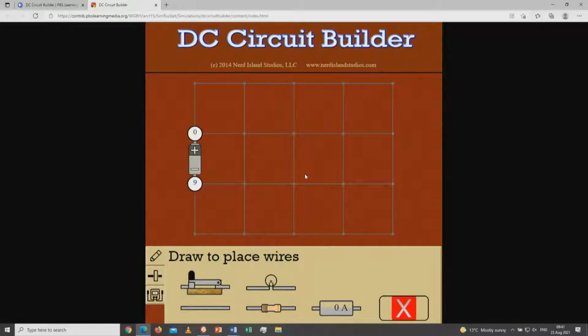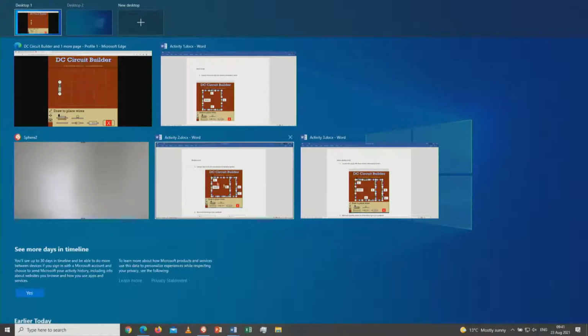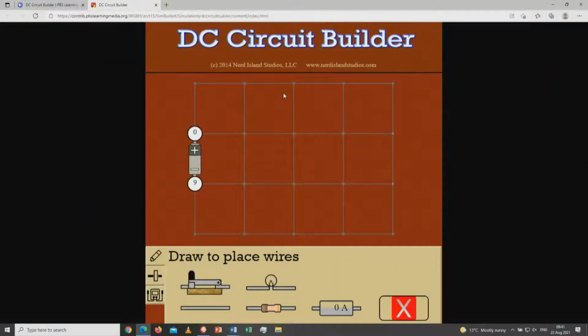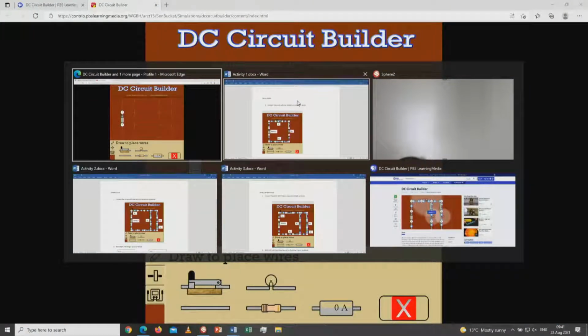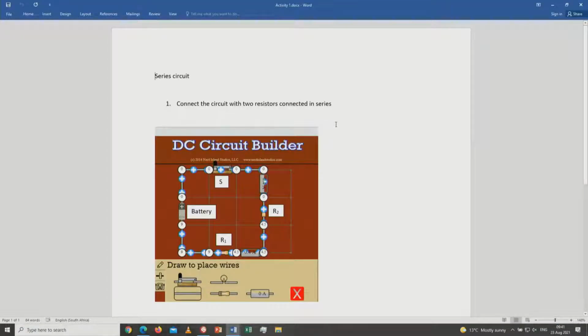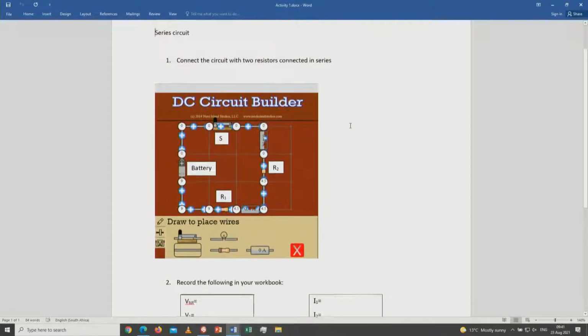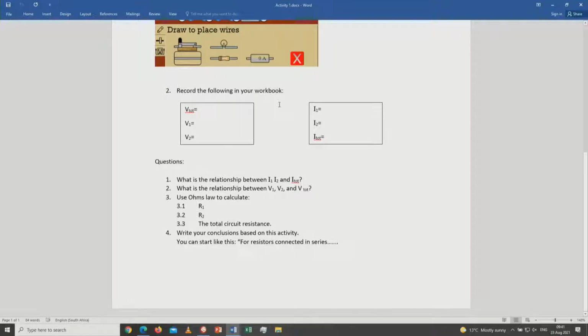We will build that simple series circuit, and I have an activity like this one, where you can use that for a series circuit, and then we will build the circuit.